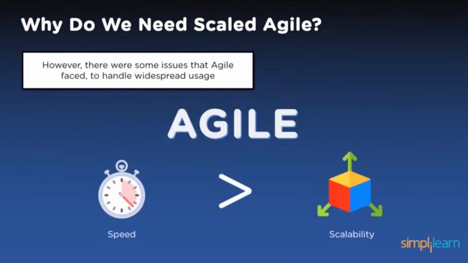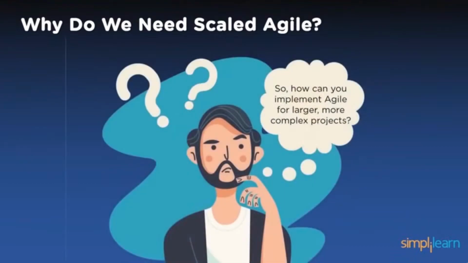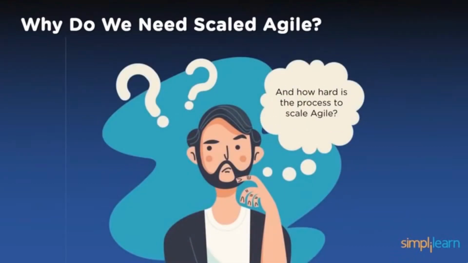There were some issues that Agile faced to handle widespread usage, mainly whenever there are scalability requirements. So what are those scalability challenges? It is quite obvious. How can Agile be implemented for large and more complex projects, and how hard is the process to scale Agile? This was not clear.